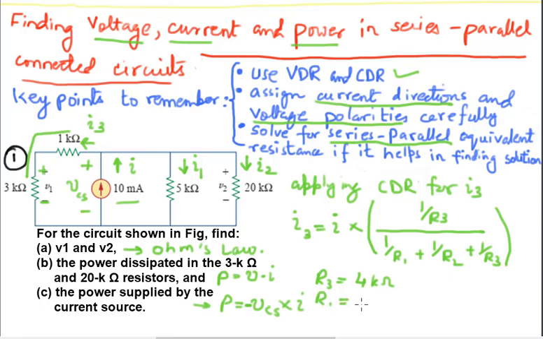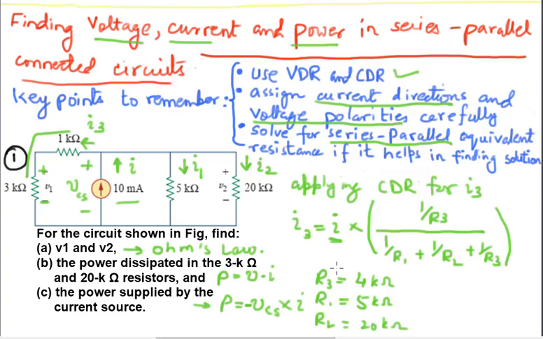What about R1 and R2? R1 is going to be, you can see over here, I1, the resistance with I1 is 5 kilo ohms, and R2 is going to be the resistance with the current I2, the 20 kilo ohm resistor. We can plug in these values in this expression.